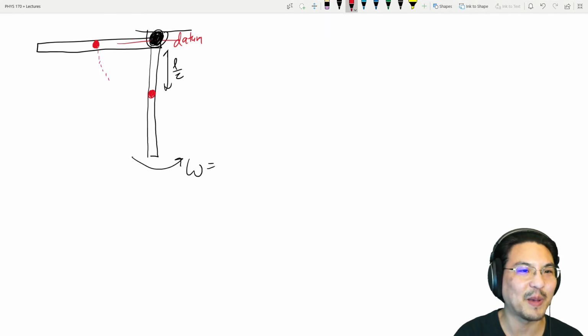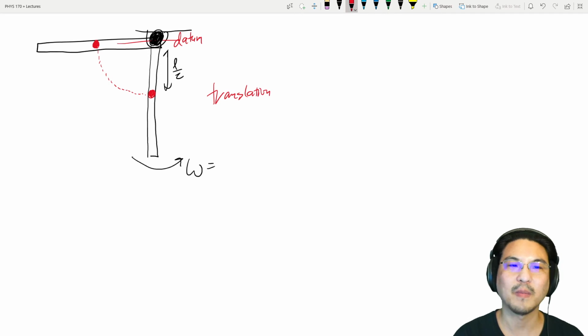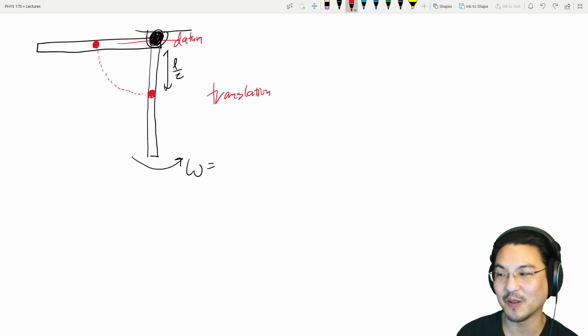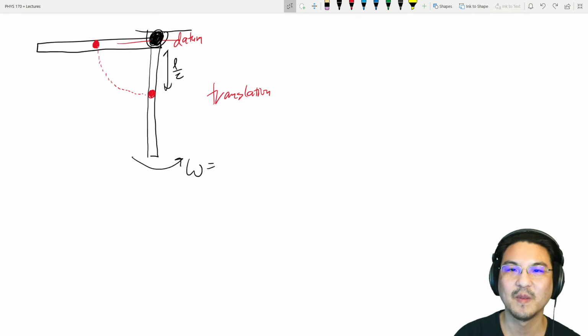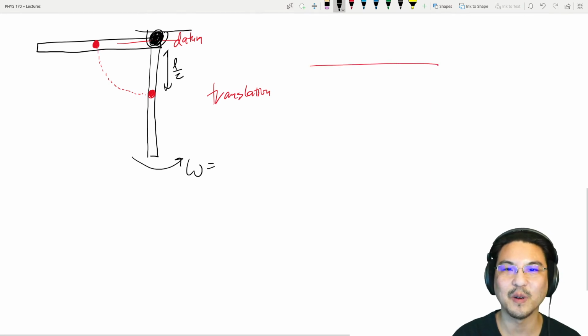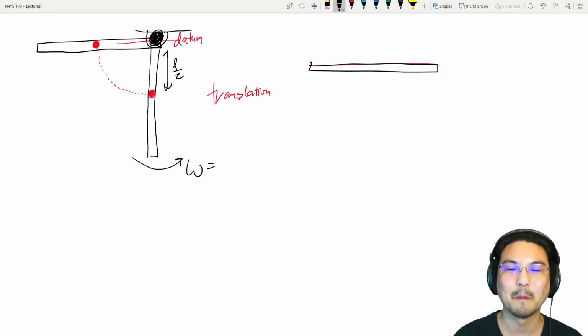It was going along this path, so the center of mass is translating. And also, it's like the bar was rotating about its own center of mass. Right? The bar was like this, and then it's rotating counterclockwise, and then ends up this way.